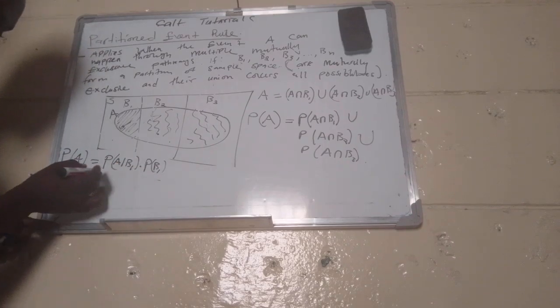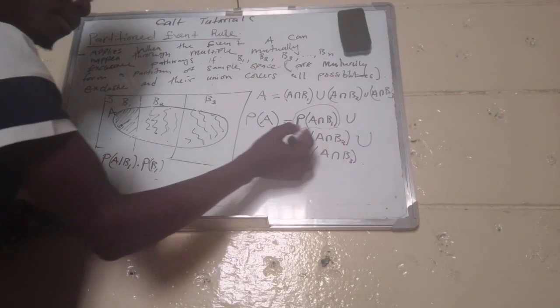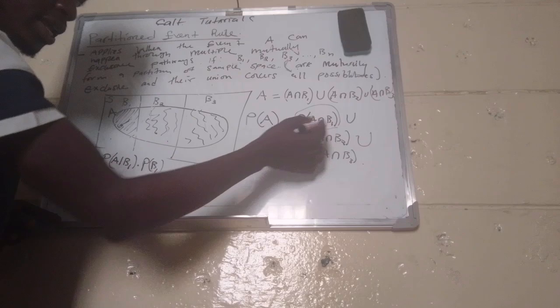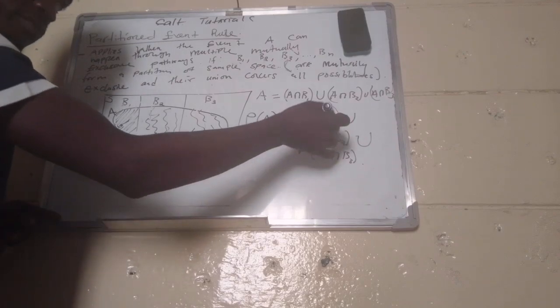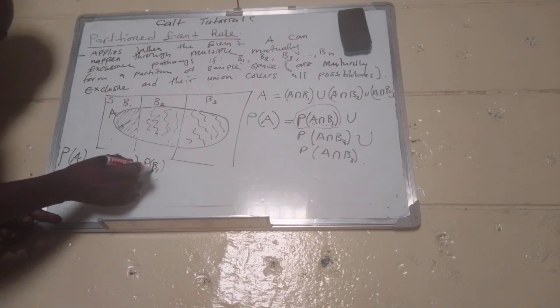Where is this coming from? The first case: probability of A intersection B1, but A is found in partition B1.